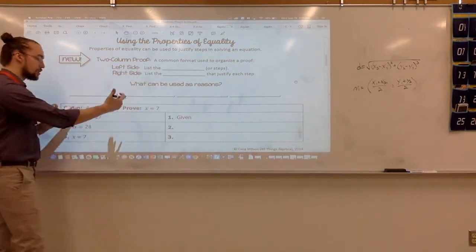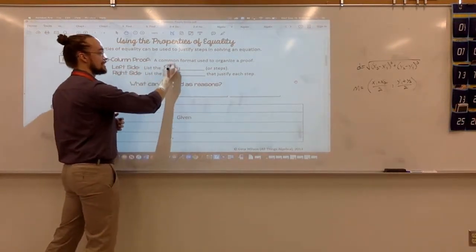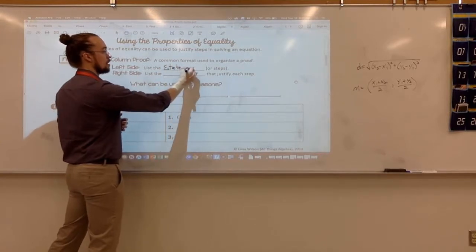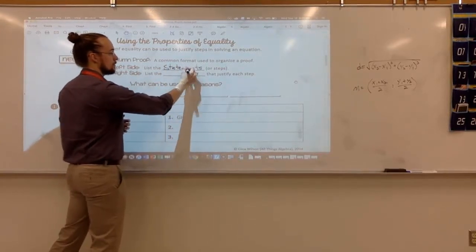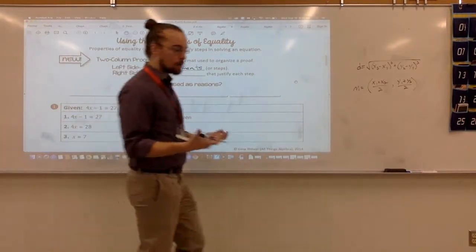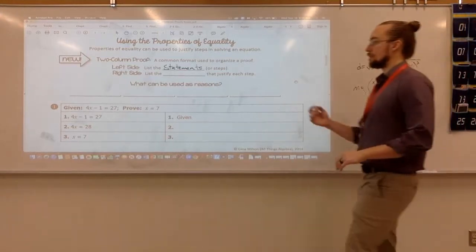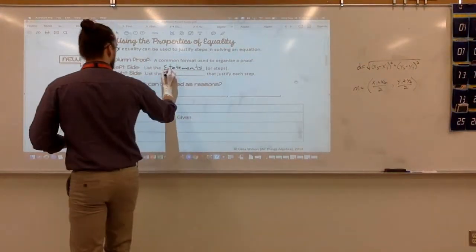So on the left side of a 2-column proof, we're going to list the statements. In our algebraic proofs today, our statements are just going to be the steps of the equation. And then on the right side, we're going to list the reasons.